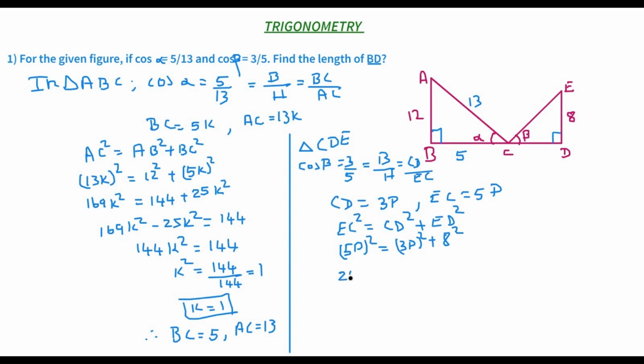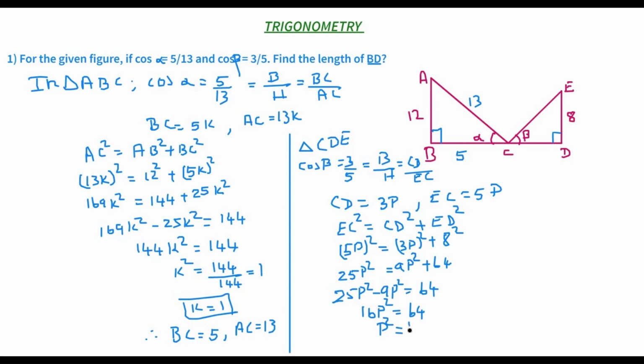So 5P square is 25P square equals 9P square plus 64. Let me bring everything to the same side. 25P square minus 9P square equals 64. So 25 minus 9, which is 16P square equals 64.